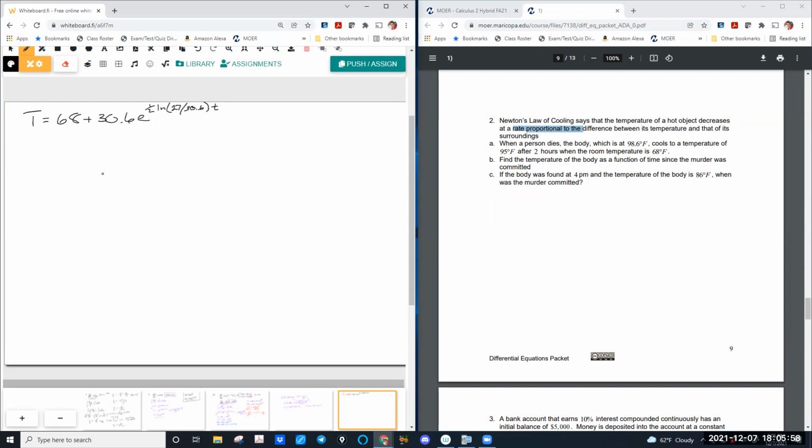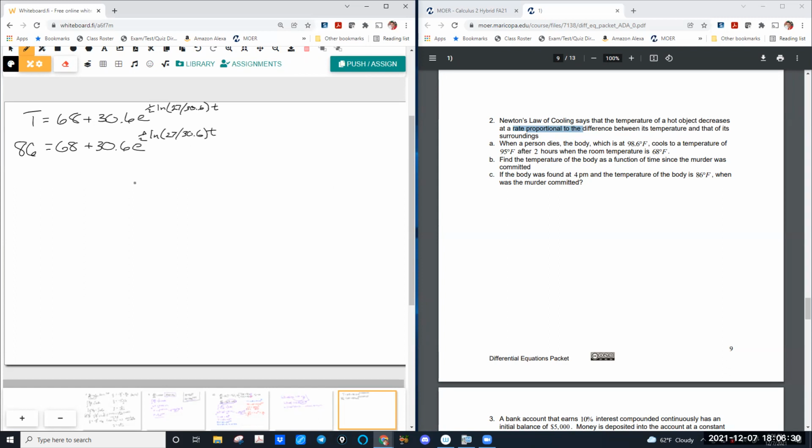So now, if we want to find out how long this person has been dead, well, we know that when the body is found, it's found at 86 degrees. So now we know the temperature, and we're going to solve for little t. The solving steps are going to be exactly the same as the steps that we used to find k.